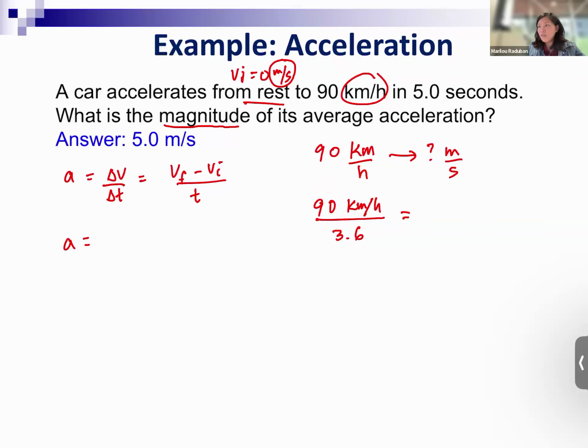90 divided by 3.6 will give you 25. And so that's the conversion from kilometers per hour to meters per second. The acceleration will then be 25 meters per second for the final velocity minus 0 divided by 5. Let me put units here.